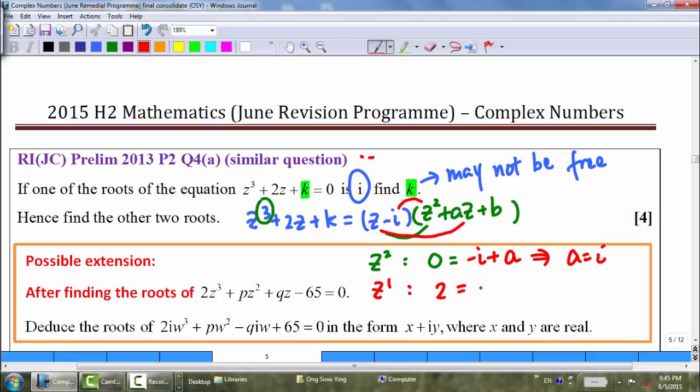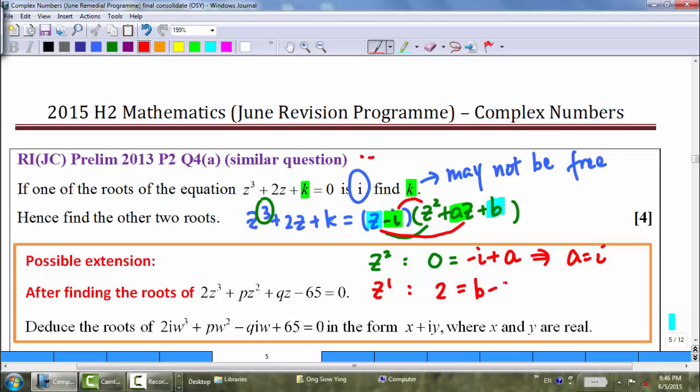On the left hand side, when you do the expansion, how are you going to get a z? You would multiply minus i by az, or multiply your z to b, which is plus bz and minus iaz.